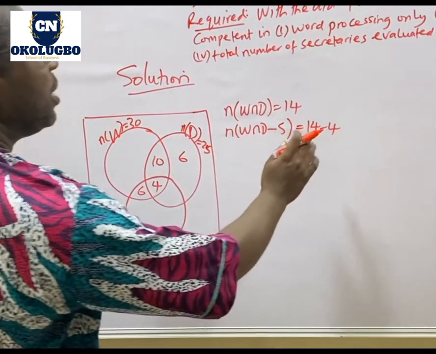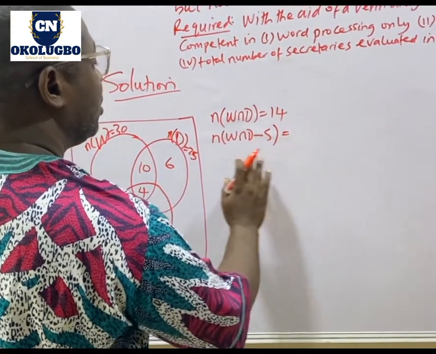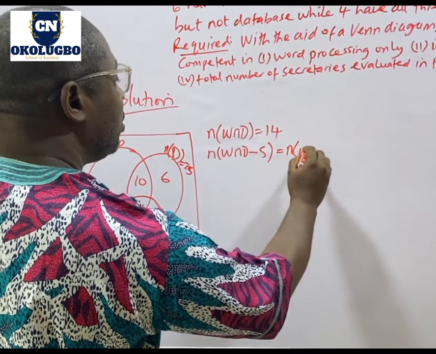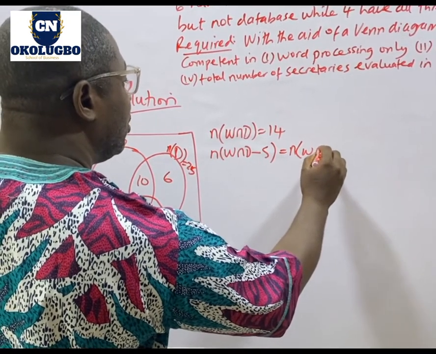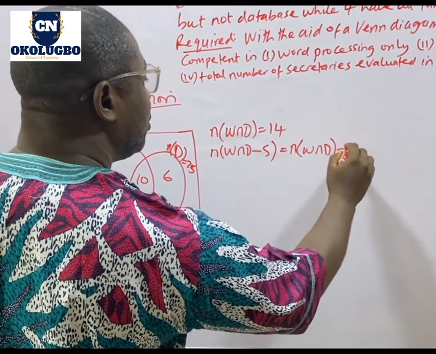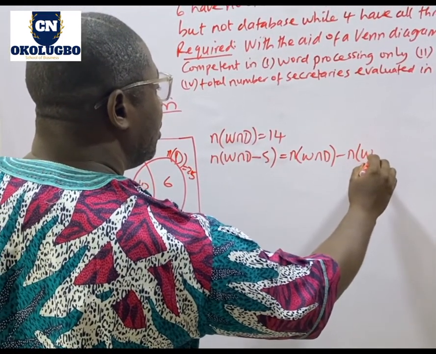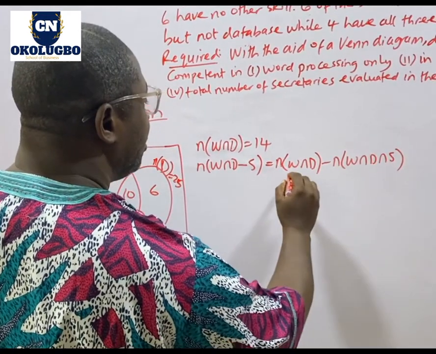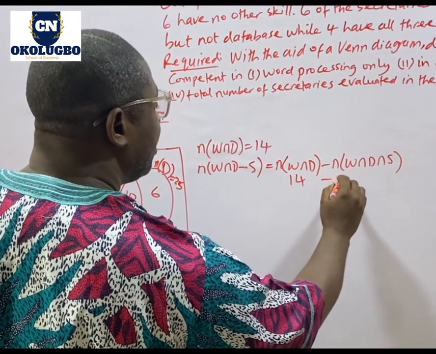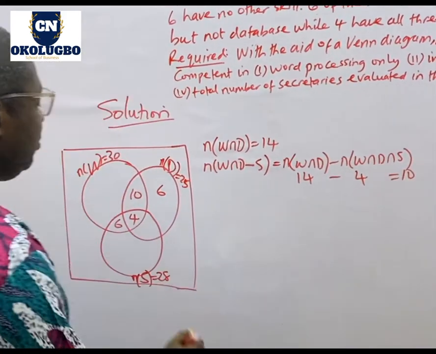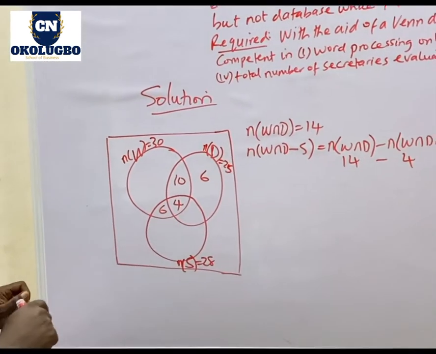Let me write it properly here. That will be the number of word intersection database minus the number of word intersection database intersection spreadsheet. This will be 14 minus 4, so we're left with 10. So that's why we have 10 here.